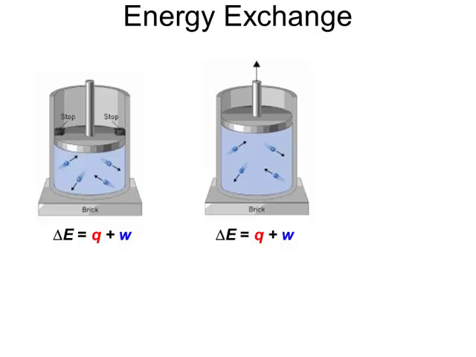In the first scenario, since the piston cannot move, the gas cannot do any work on its surroundings. Remember, work is defined as a force acting through a distance. If the piston is held in place, the gas cannot move it. No work can be done by the gas on the surroundings.